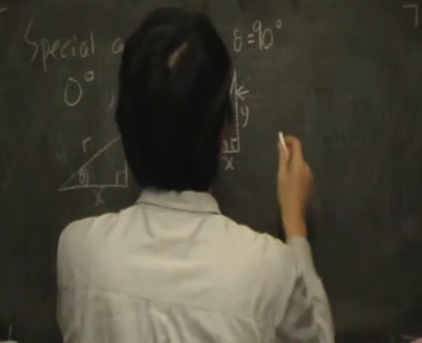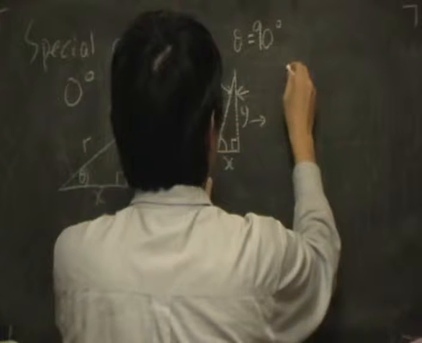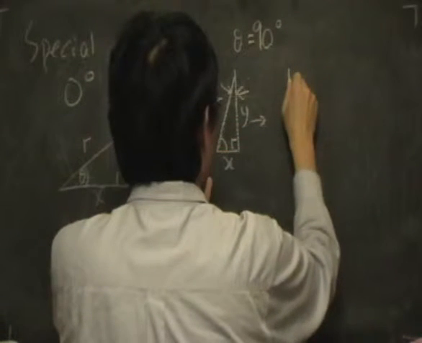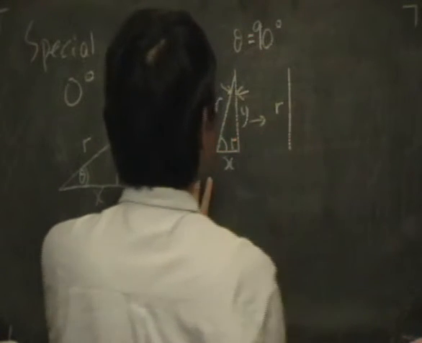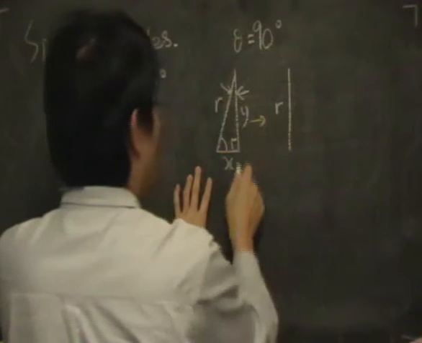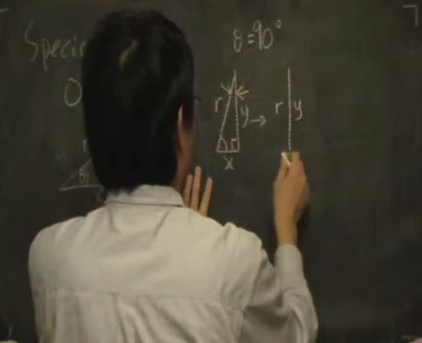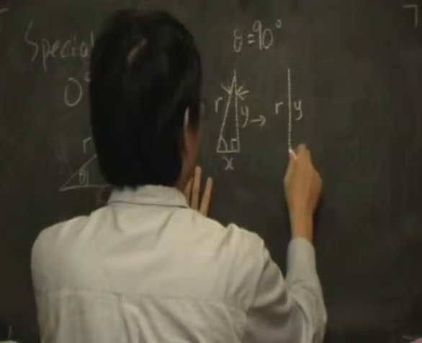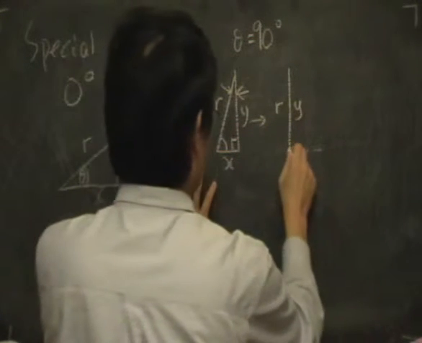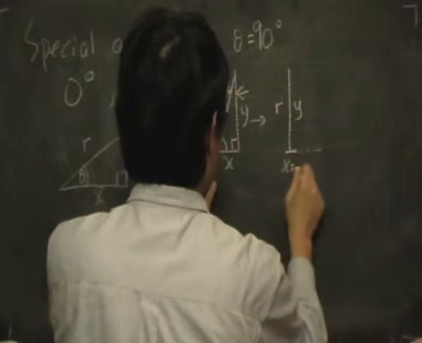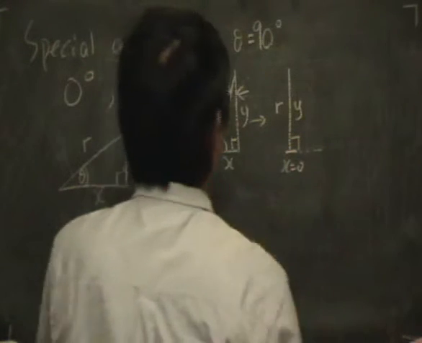So therefore, if theta goes to 90 degrees, this would turn into something that looks like a vertical line, r, with the opposite side y meeting the r, and the base has come down to 0, x there equal to 0, and the angle is just the 90 degrees.